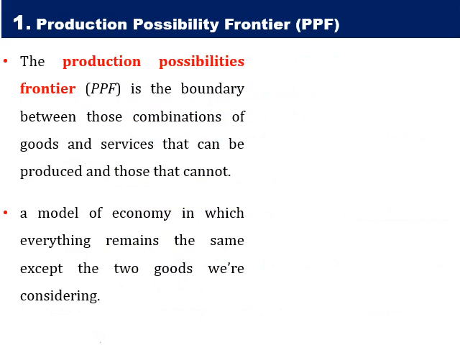Well, let's start with the first point, which is the meaning of the production possibility frontier, which is the boundary or the limits between those combinations of goods and services that can be produced and those that cannot be produced.